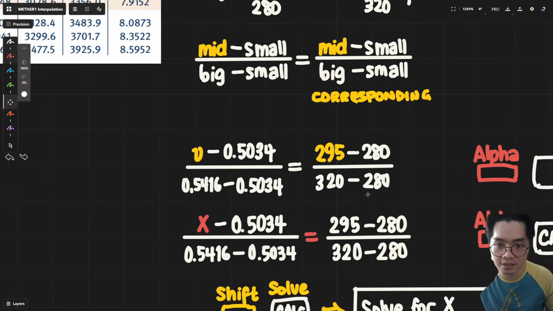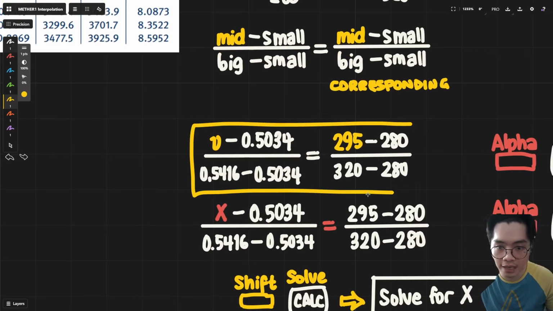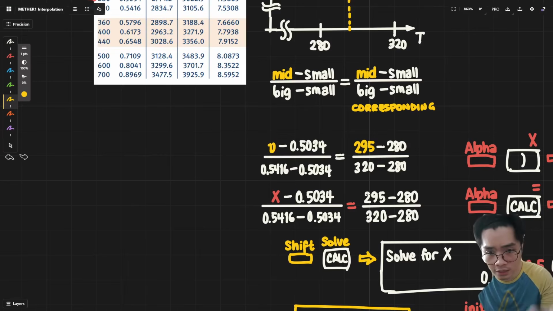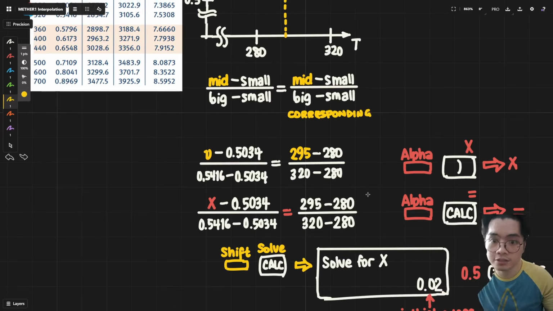At the very least, this one has the advantage of being intuitive, in the sense that you can clearly see what one side is and what the other side is. The other disadvantage of this thing is that it takes time to set up the whole thing, and then boom, boom, boom, you shift solve, and then you get the answer here.